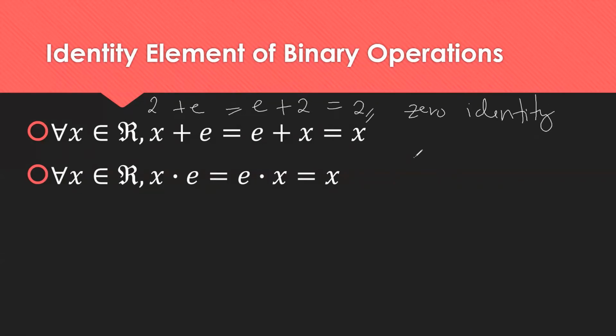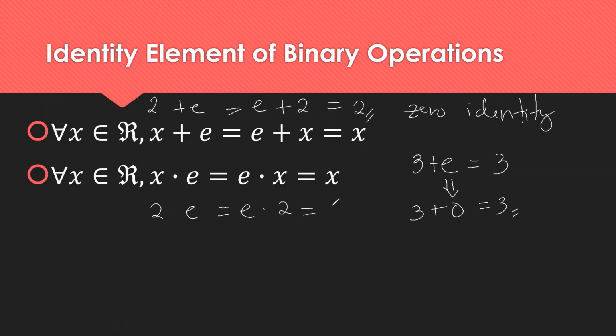Another example, 3 plus e is equal to 3, so e must be 0, so that when we add 3 to 0, it will give us the sum of 3. Any number added to 0 is itself. Now for multiplication, suppose x is equal to 2, 2 times e is equal to e times 2 will give us 2.